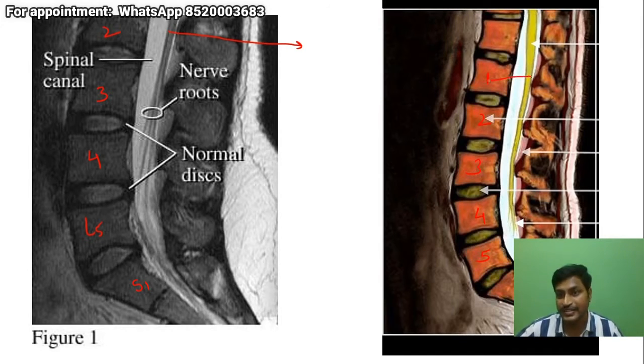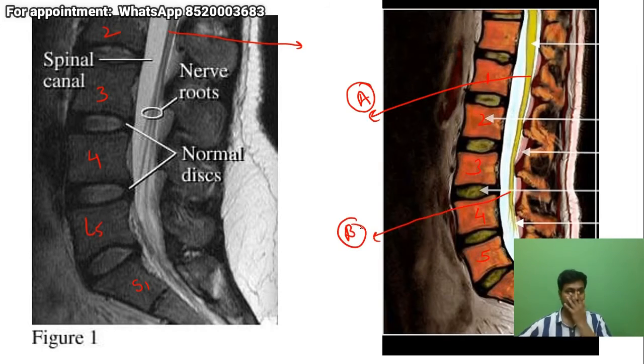What is the neural structure over here? A. And what is the neural structure over here? B. What is the neural structure which I have labeled as A? What is the neural structure which I have labeled as B?